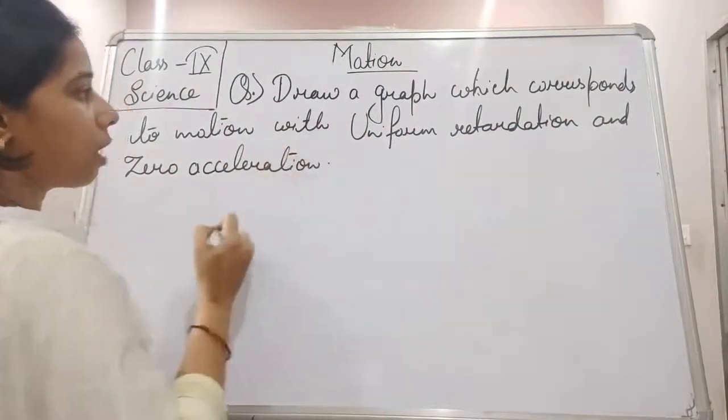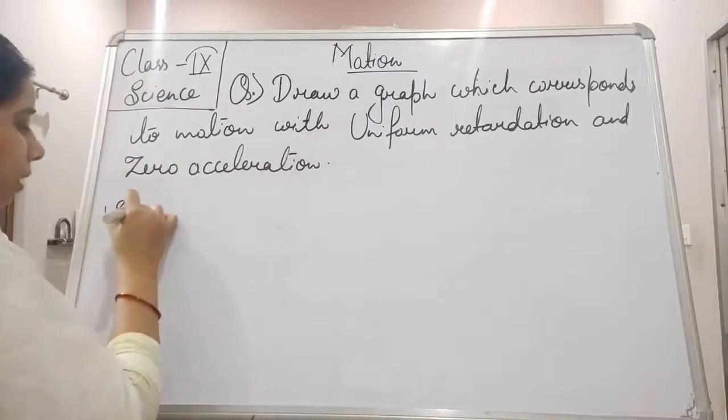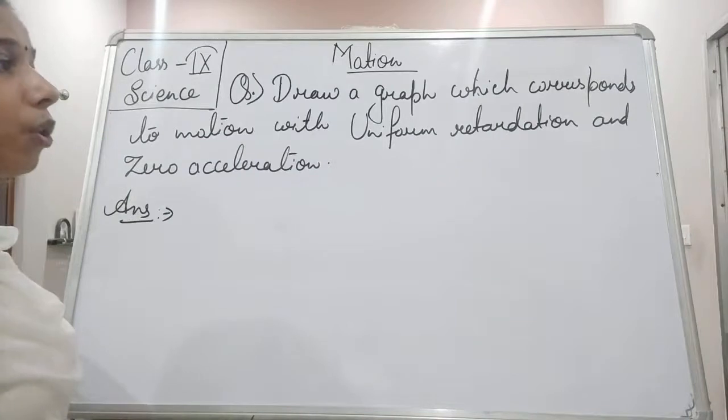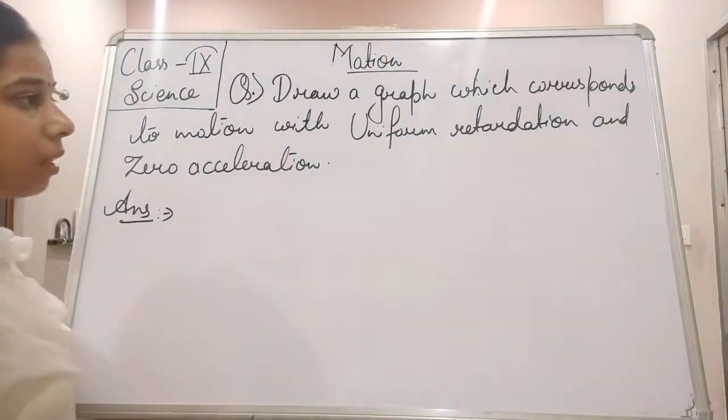Uniform retardation and zero acceleration. Okay, we have to draw a graph of a uniform retardation and zero acceleration.